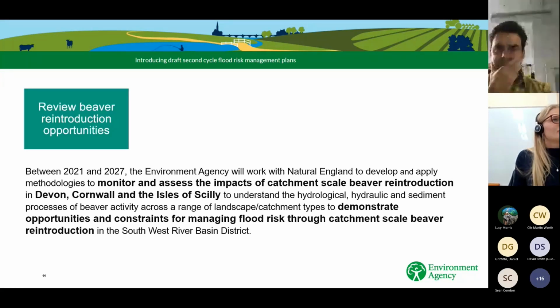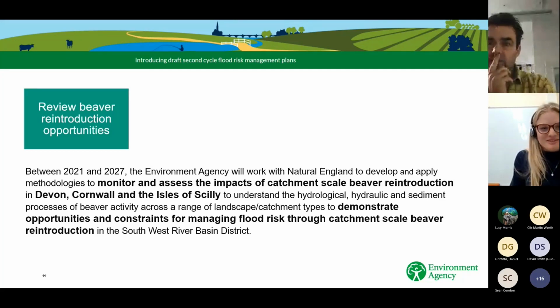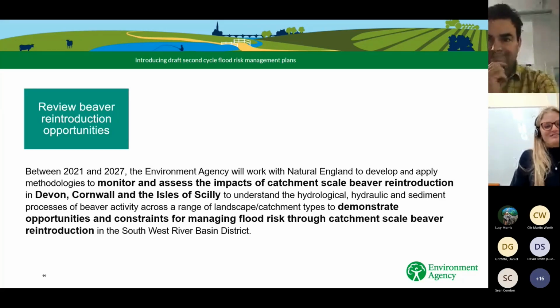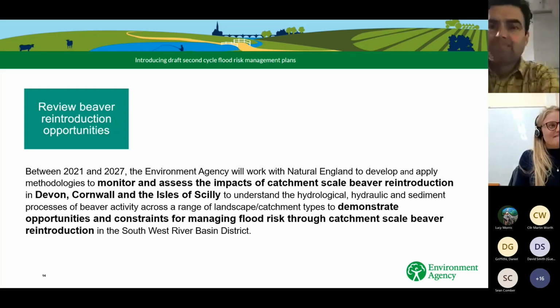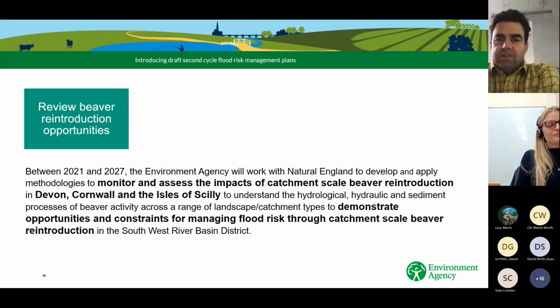Reviewing beaver reintroduction opportunities. Simon, I feel like this one maybe you might have some input for. Yeah, thanks, Millie. Obviously there are beavers already in the catchment, and with the DEFRA consultation and linked to the work Cornwall Council are currently doing on mammal reintroduction, it gives us a framework for FCRM to input into it in a positive way.